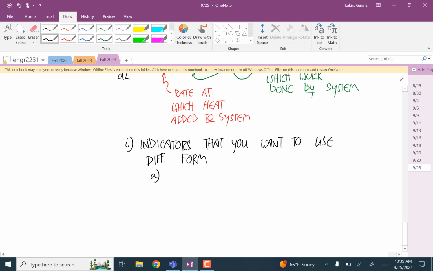The first one is if you're given energy stuff in terms of watts, that's joules per second. That's being given to you in terms of a rate.